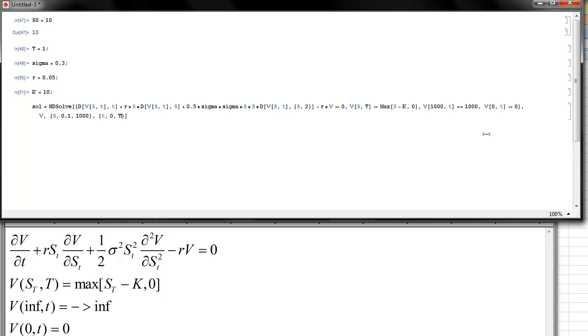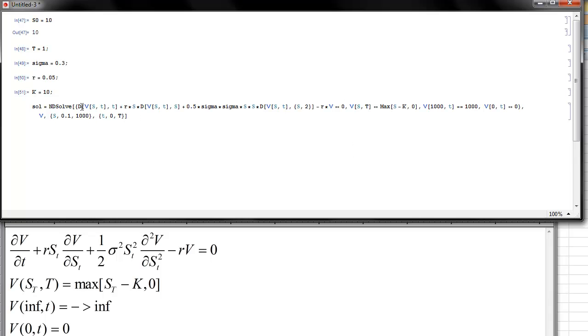Okay, so this should be basically it. We have specified the problem, and now we are going to let Mathematica solve it.